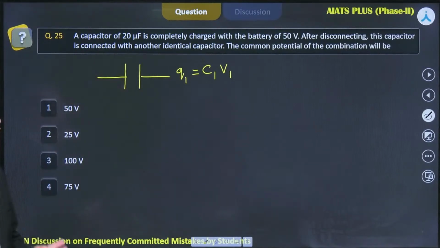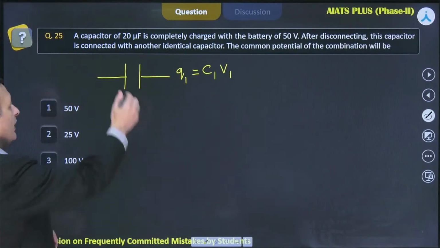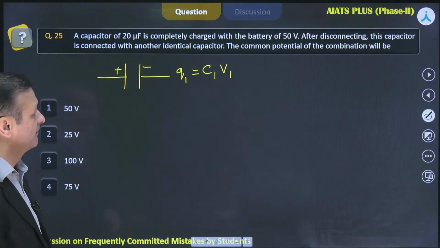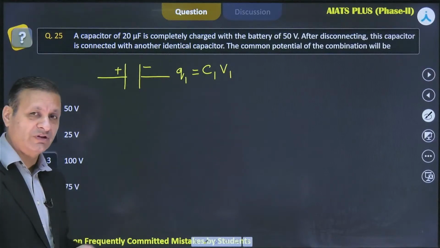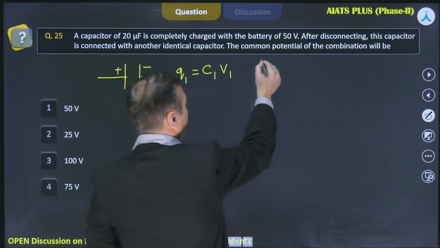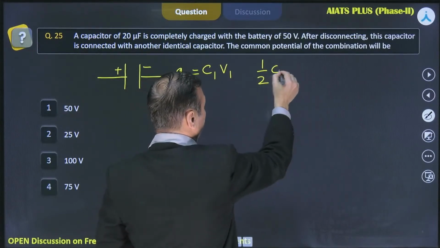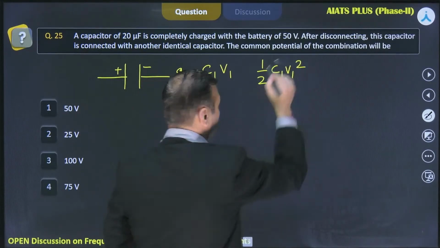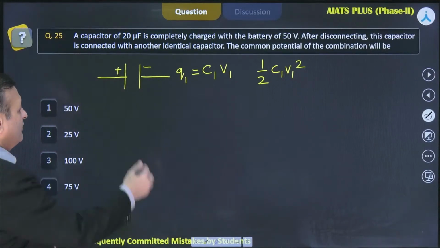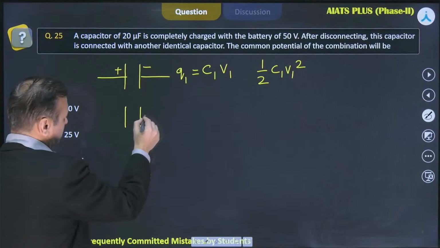This is Q1. And let's assume this is the positive plate, this is the negative plate. Got it? And we just remove the source of the battery, and this is the condition. What is the energy stored in this? That is this one.